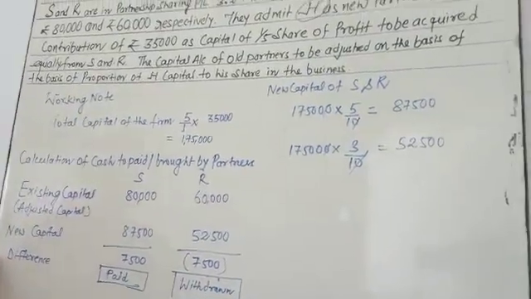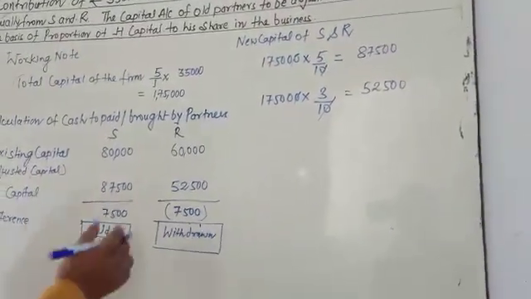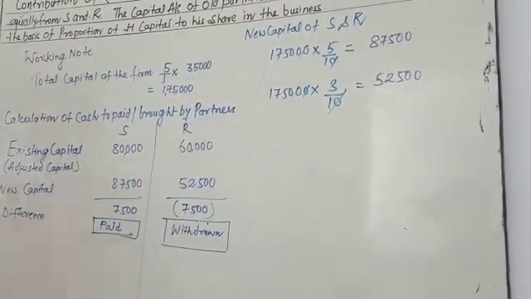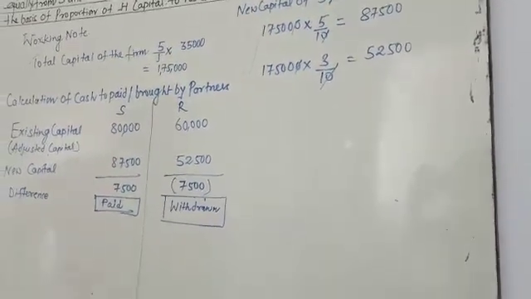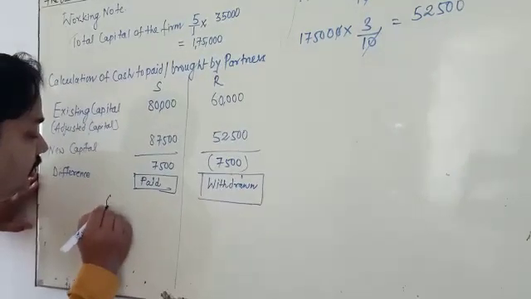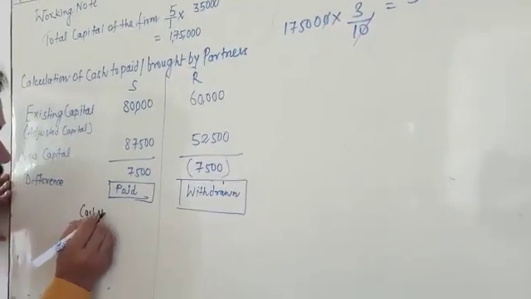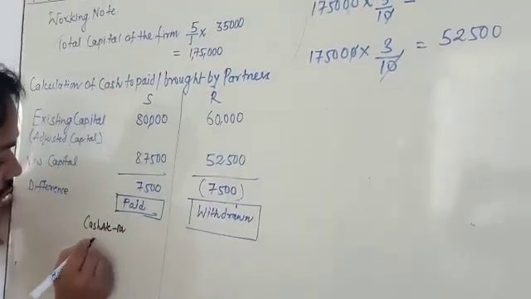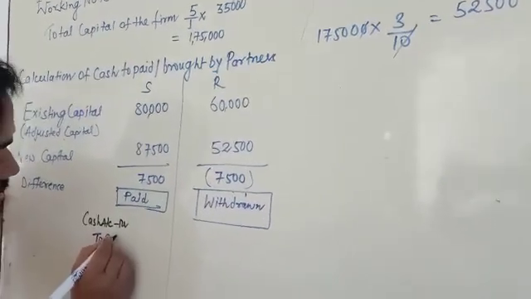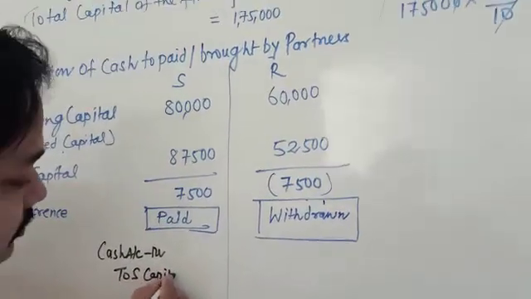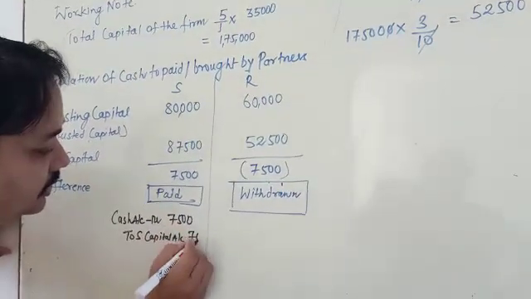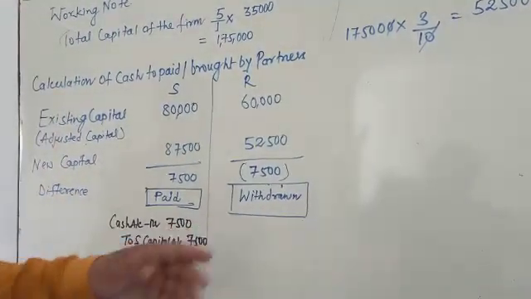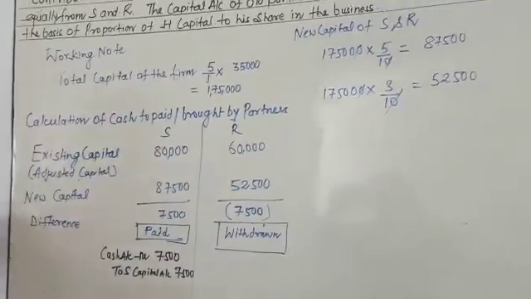For the payment entry, you have to pass a simple journal entry, my dear student. What is the simple entry for payment? He is going to pay: cash account debited to S capital account, that is 7,500. In this situation, R is going to withdraw.